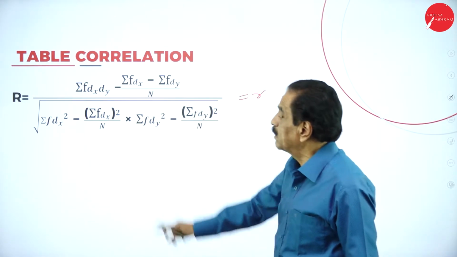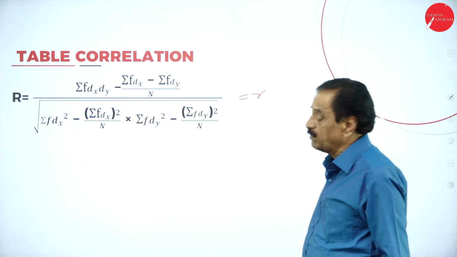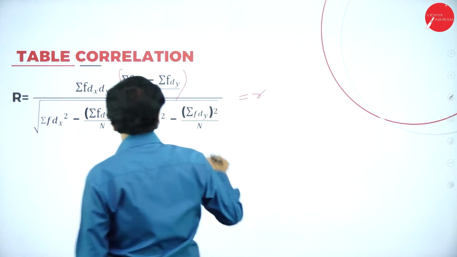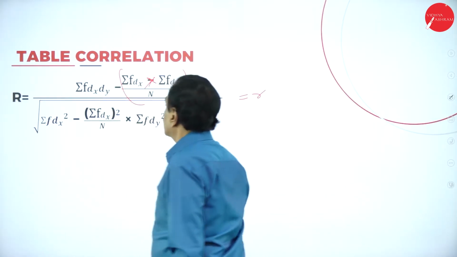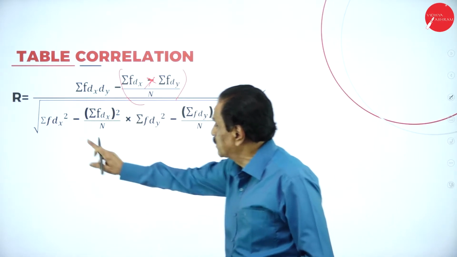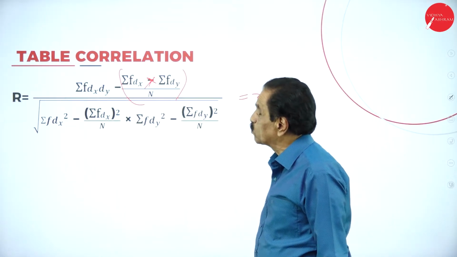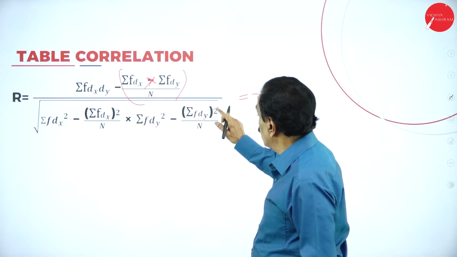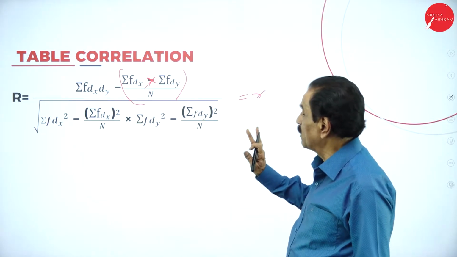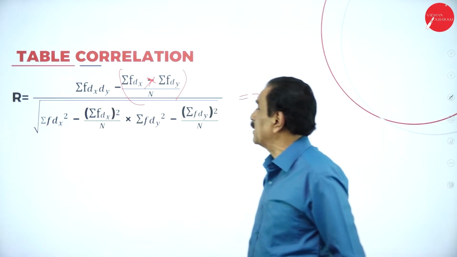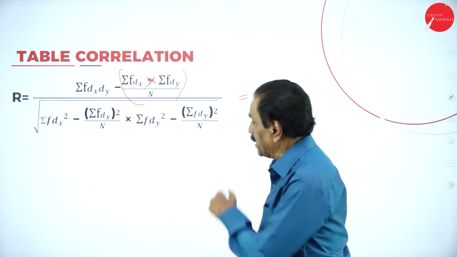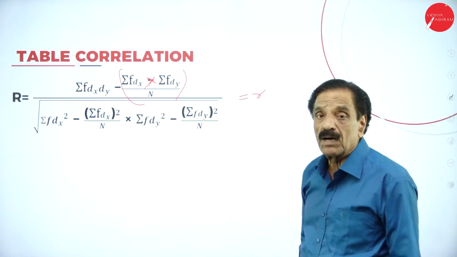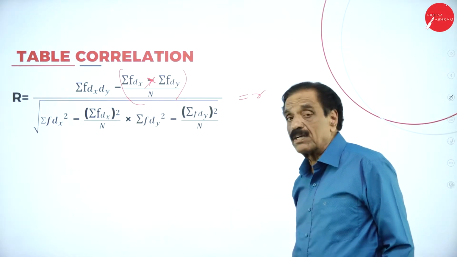You can write r as sigma f dx dy minus sigma f dx into sigma f dy divided by n, divided by the root of sigma f dx square minus sigma f dx whole square divided by n, into sigma f dy square minus sigma f dy whole square divided by n.